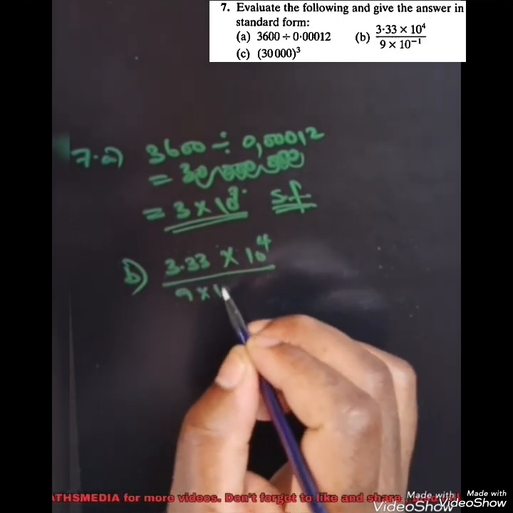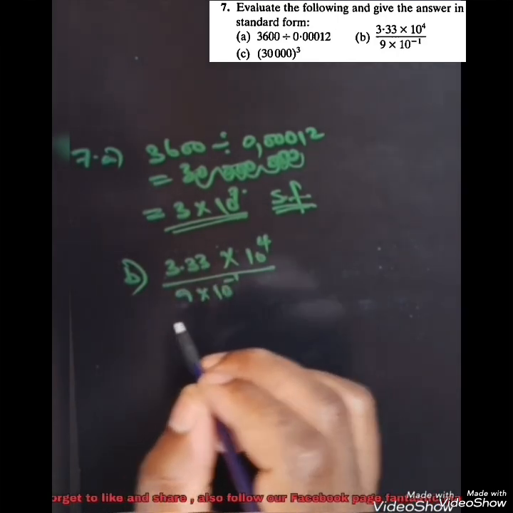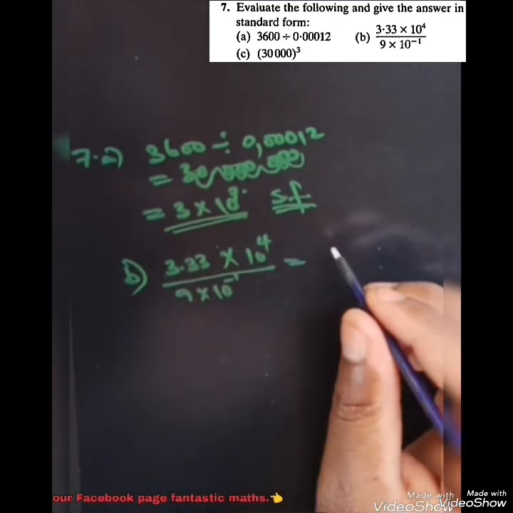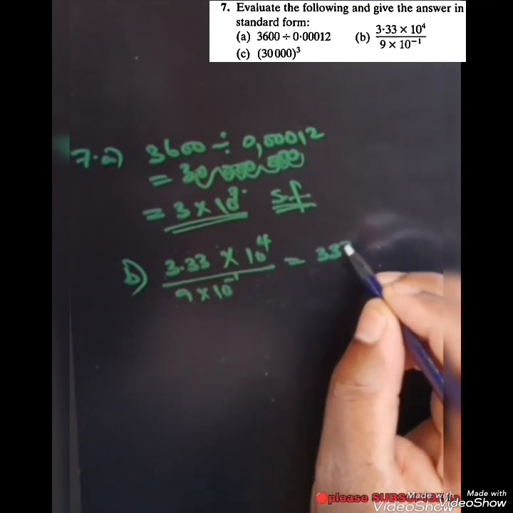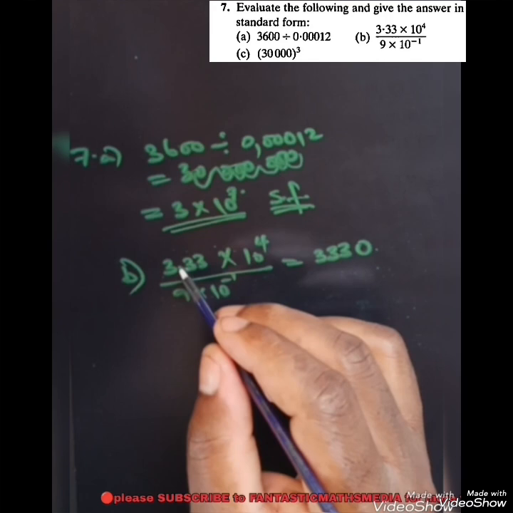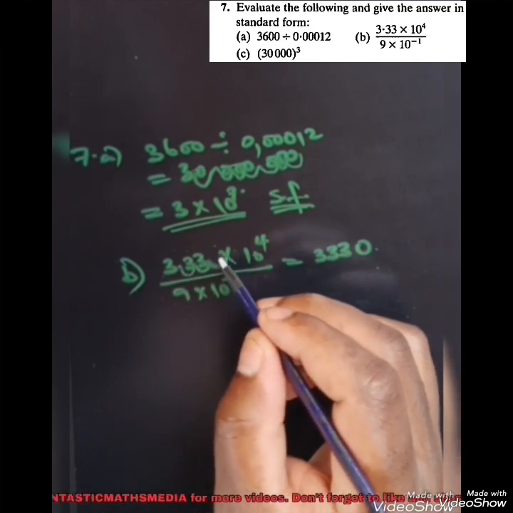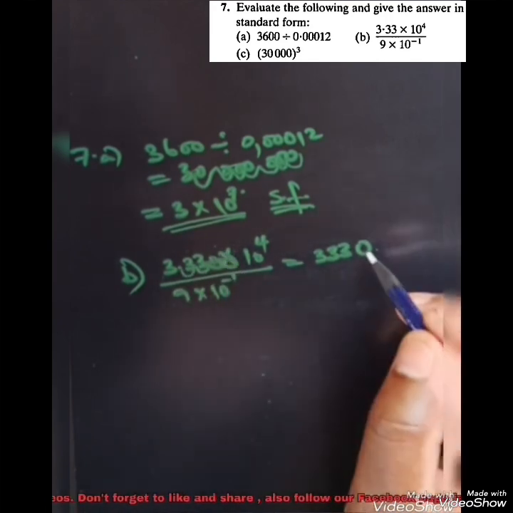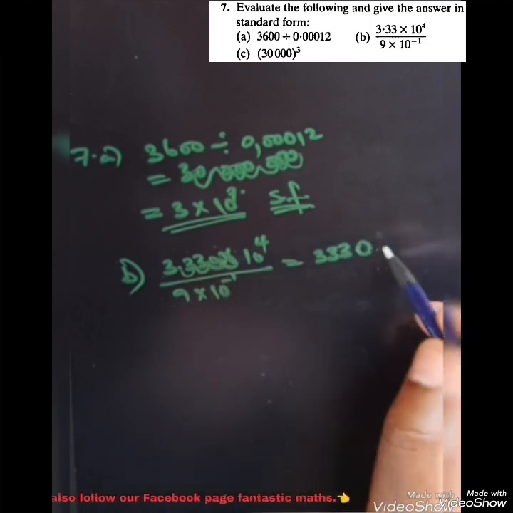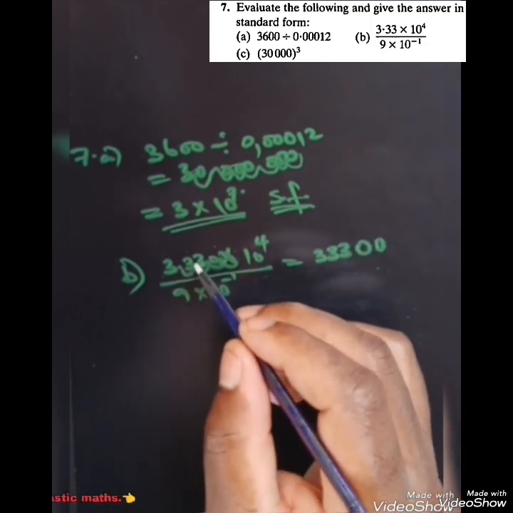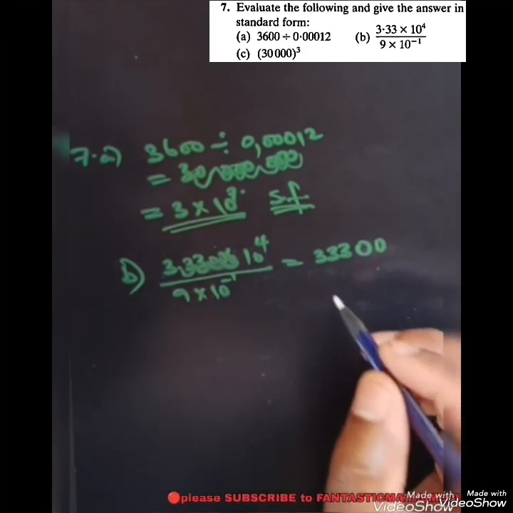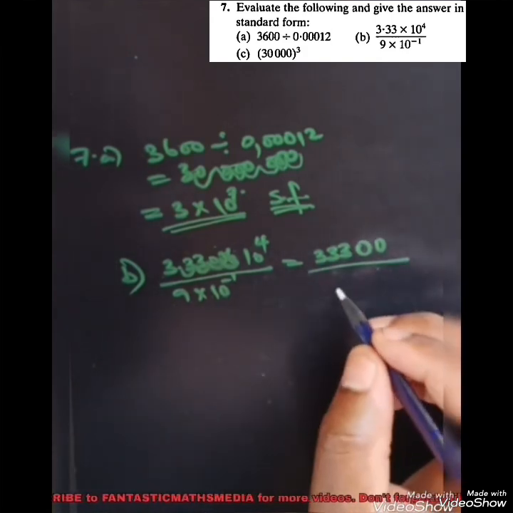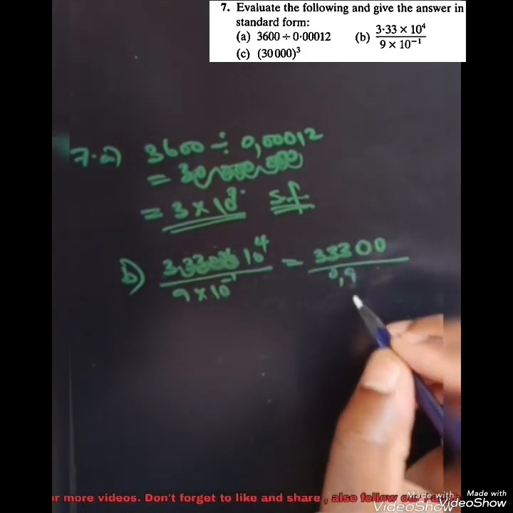We need to change these numbers from standard form so that we can divide and then convert the final answer to standard form, like this: 33,300 over 0.9.